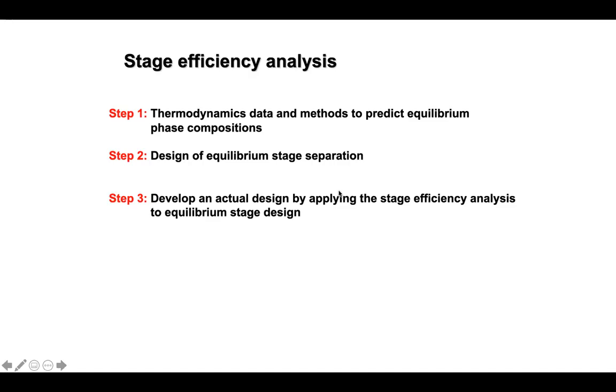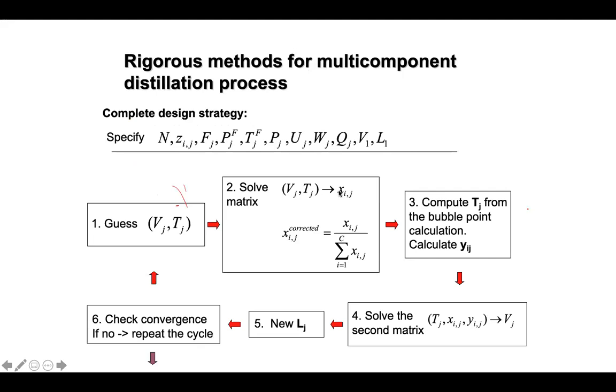So that's a very brief introduction about the rigorous methods of multi-component distillation. This really tells you about very tedious and complicated work, but we can do that in HYSYS, and we're going to learn HYSYS next week.